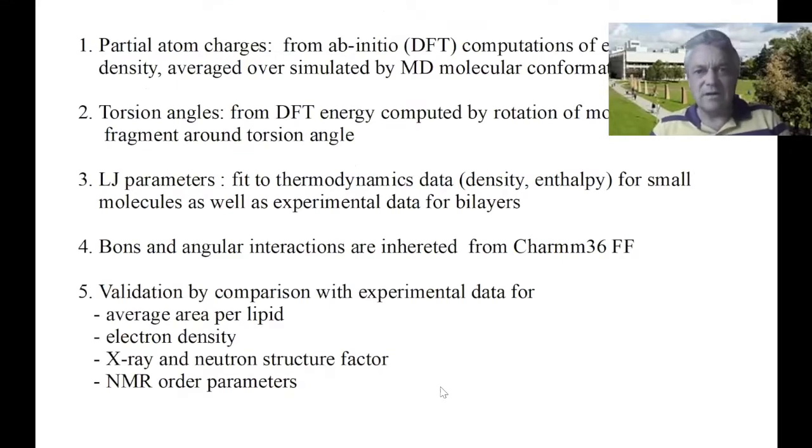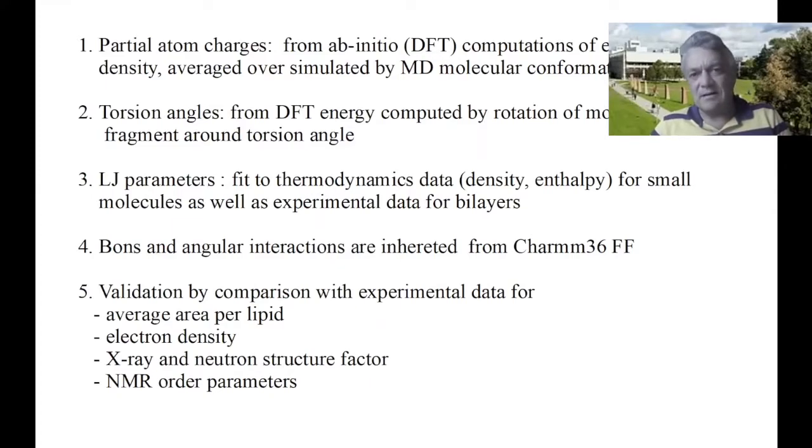So how did we parameterize these parameters? The strategy was that what is possible to compute from quantum chemistry, we compute from quantum chemistry. That is the partial atom charges. From ab initio computation, using density functional theory, we can compute electron density, and from the electron density integrated over atoms, we can compute partial atom charges.